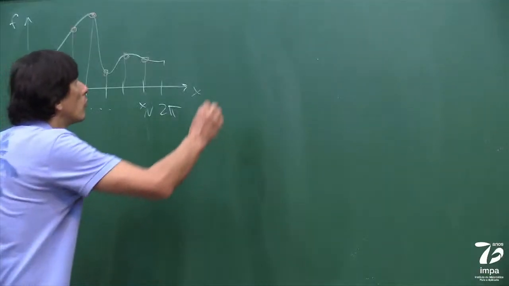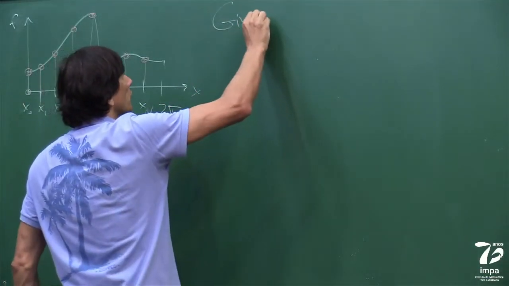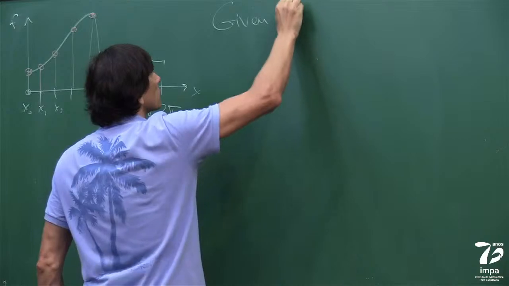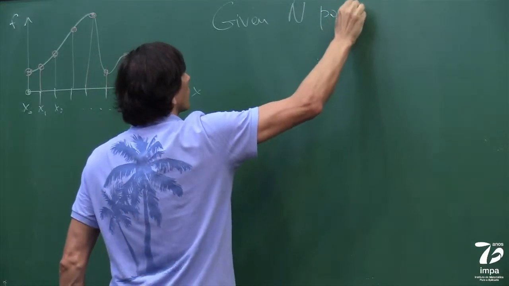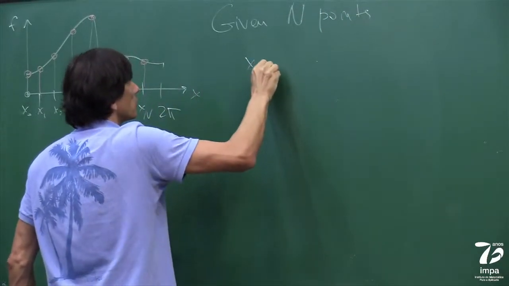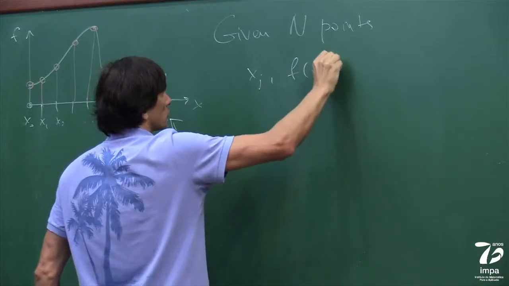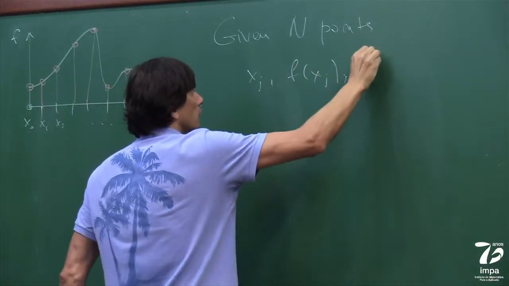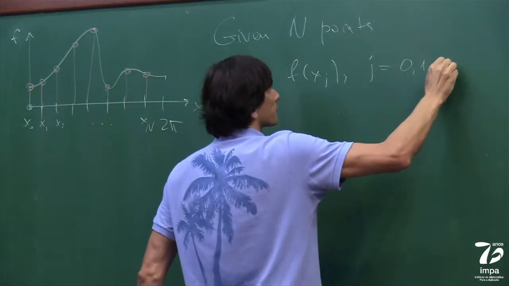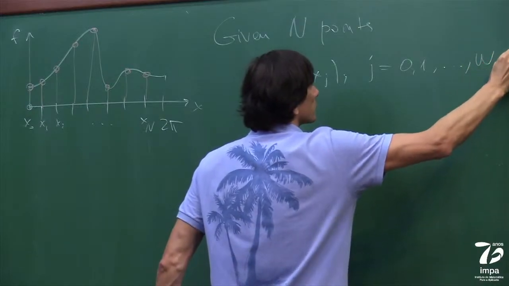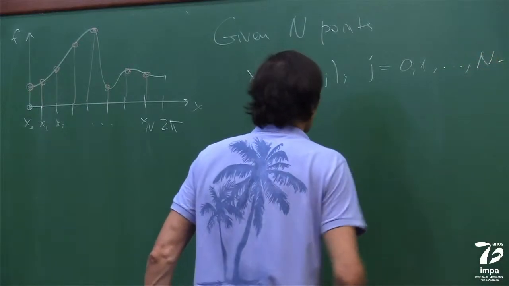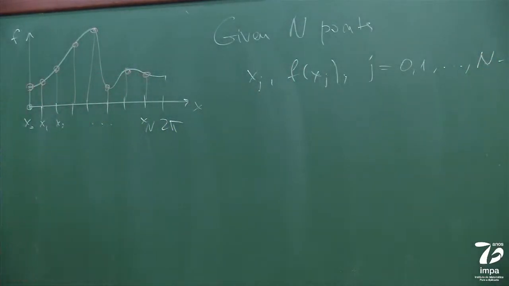So usually we're given n points, x_j and f at x_j, so the point and the function value.